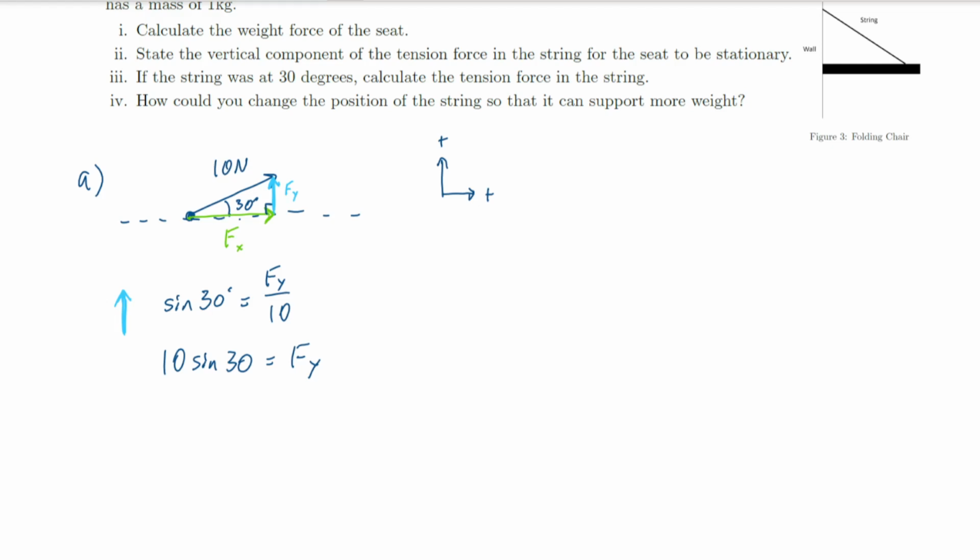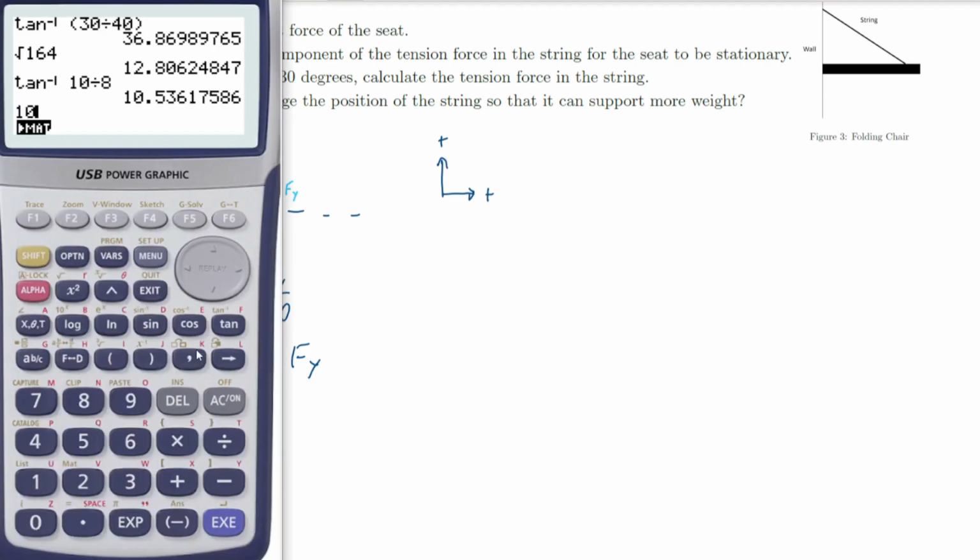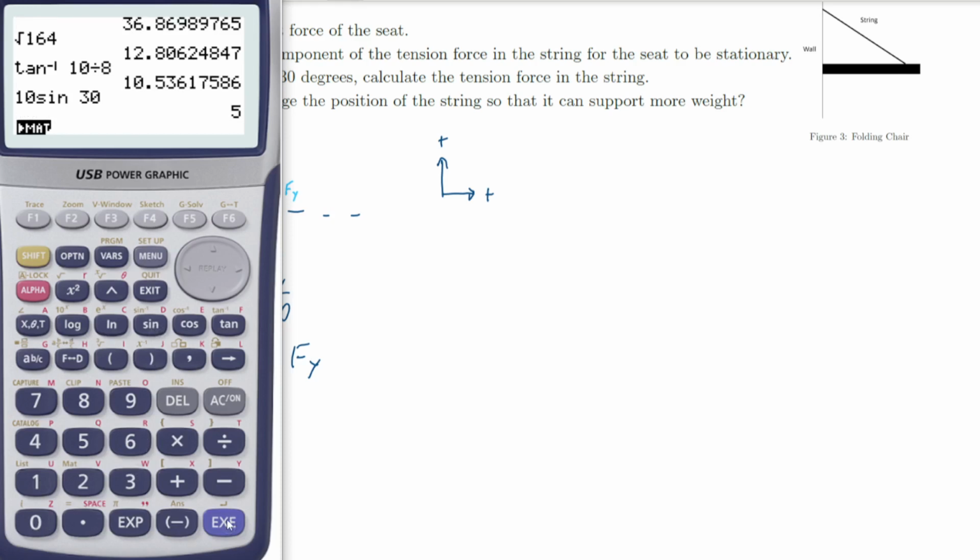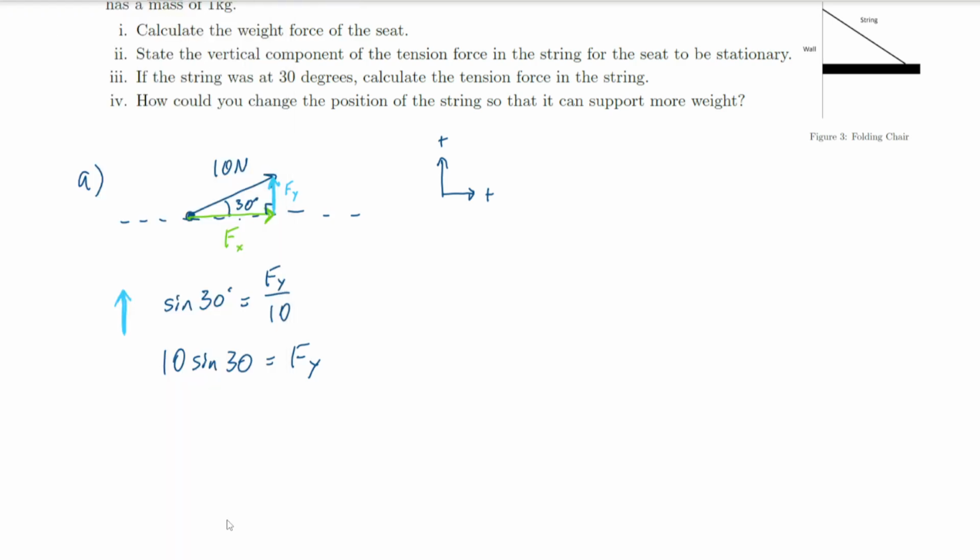And we can compute that, 10 sine 30, making sure our calculator's in degrees, giving us 5. So Fy equals 5 newtons. And it would be upwards, as shown by our diagram, which is why the answer is also positive.